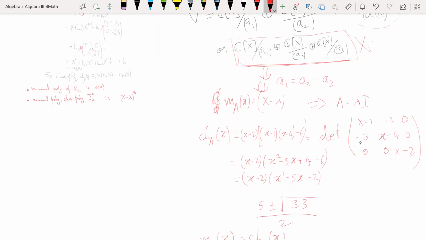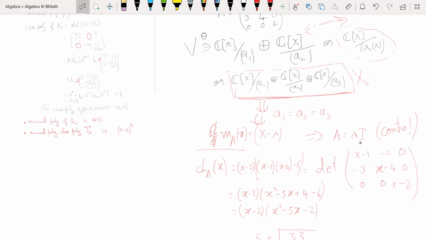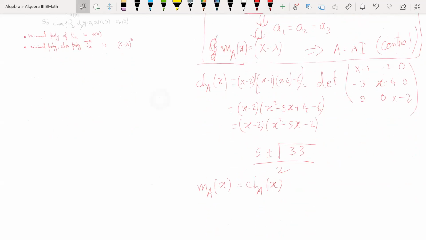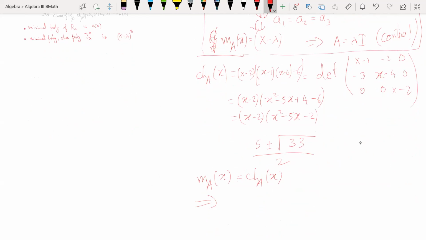If this happened, it would lead to a contradiction; this was to say that it can't happen. So the minimal polynomial and characteristic polynomial are the same, and we can conclude that they are equal, CHAX is the same as MAX.